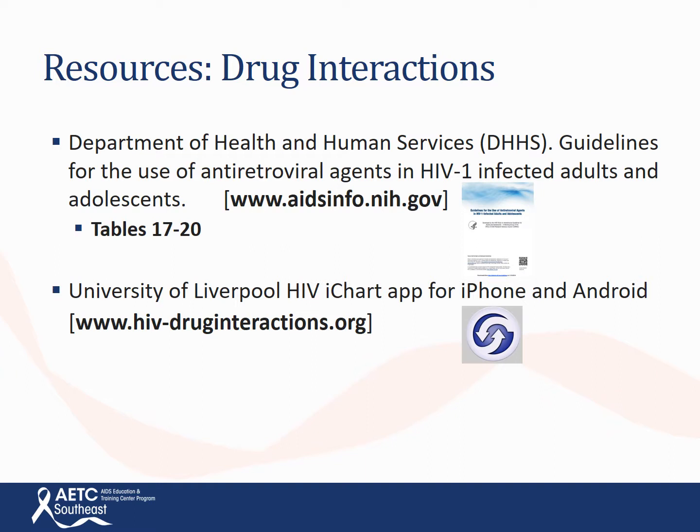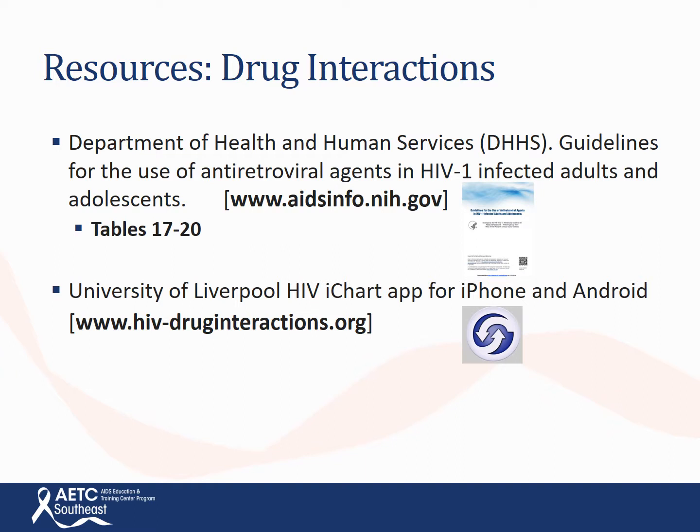The DHHS Adult HIV Treatment Guidelines have excellent drug interaction tables that are constantly being updated as new information becomes available. They can be accessed on the aidsinfo.nih.gov website. Another great resource is the University of Liverpool's HIV Drug Interactions website.